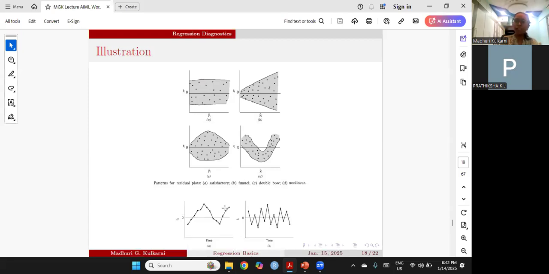So this will definitely mean that the errors are not uncorrelated. These four graphs check whether the variance is constant or not. Because this is opening funnel type or this is a bow type pattern, it means that variance is not constant. These four graphs represent four possible situations. In the first graph, variance is constant, whereas in the rest of the graphs, variance is not constant, meaning variance is not the same.